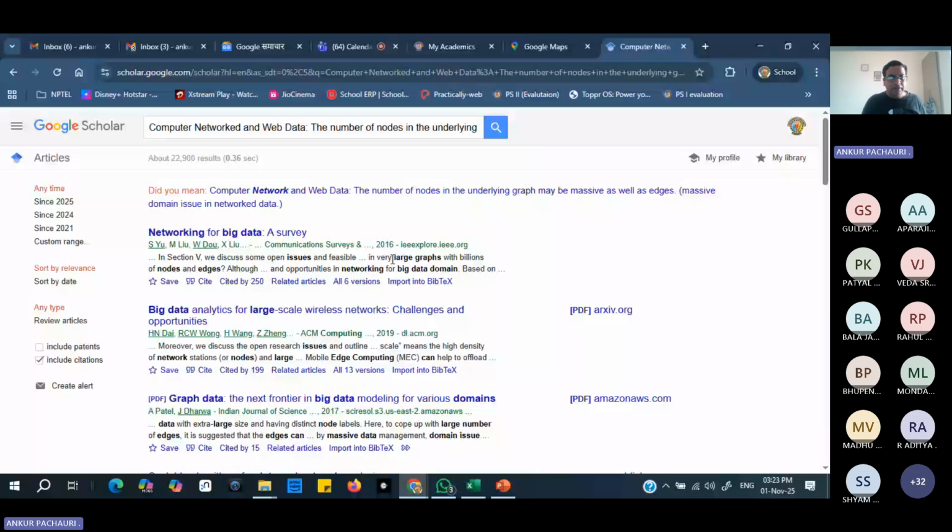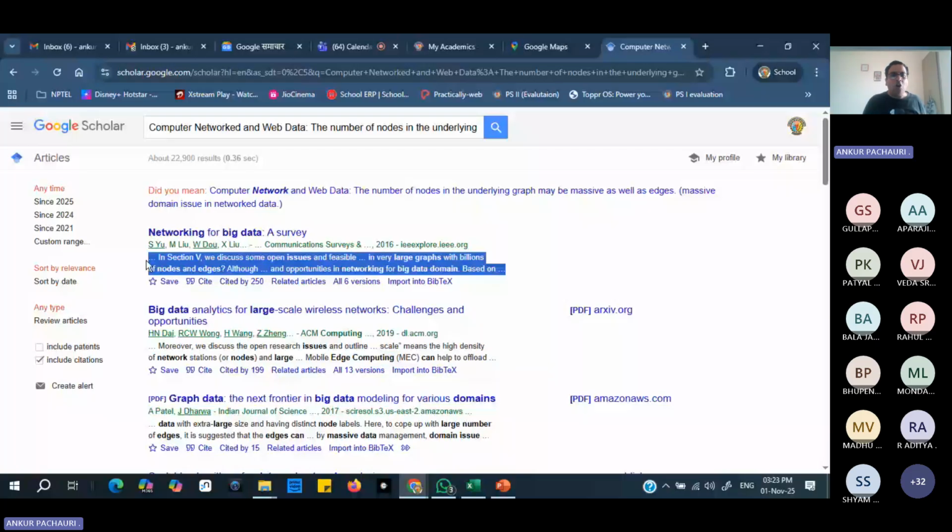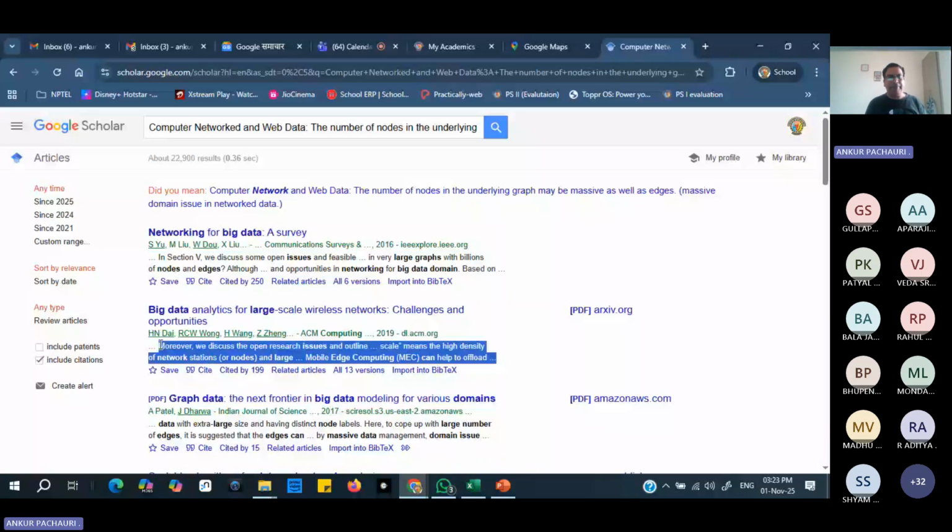Similarly, these are all web pages in which those keywords are mapping, and dot dot dot means a different paragraph. That means the ranking of this web page is higher because all the keywords were closer to each other in comparison to this web page.